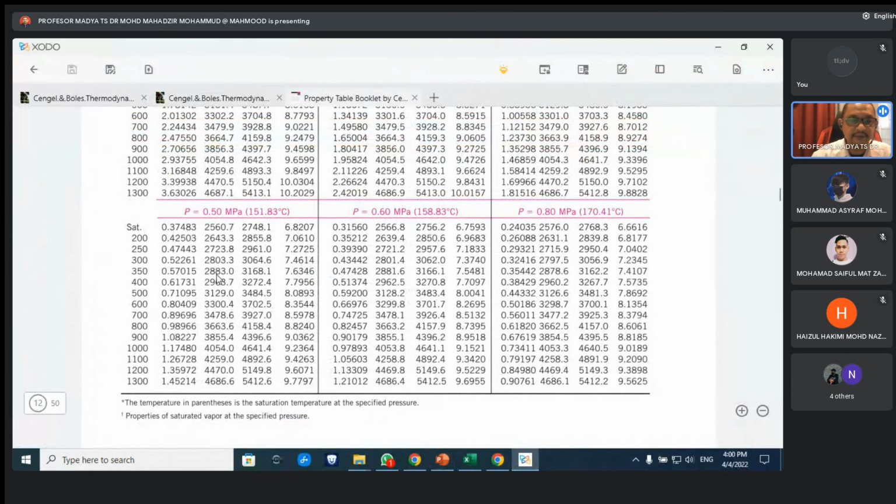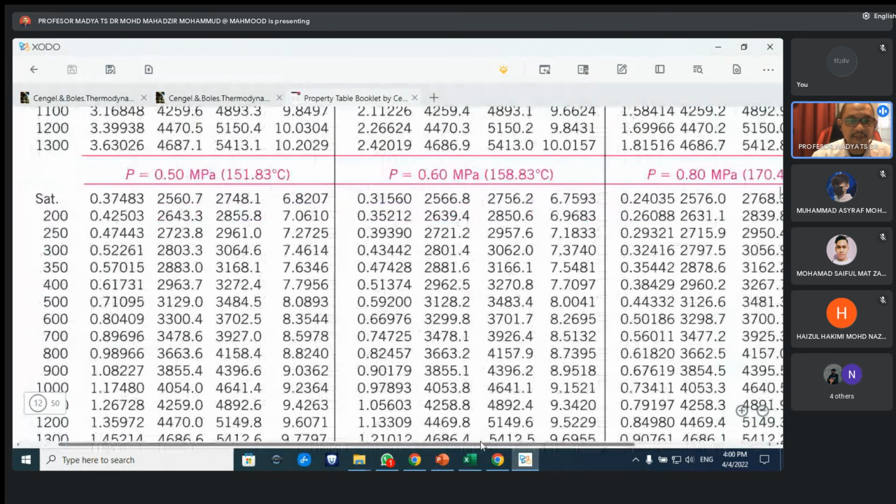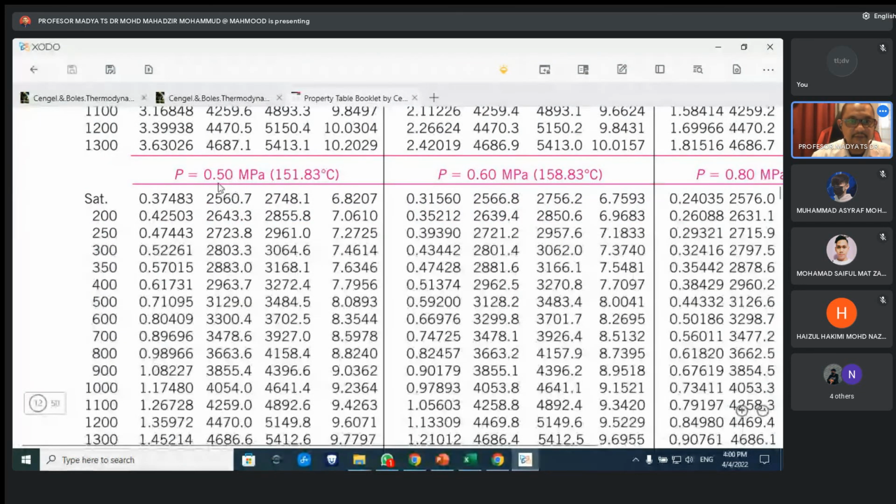Okay, 2890 now is in between. That means you have to do an interpolation at 0.5 megapascal. It is in between.